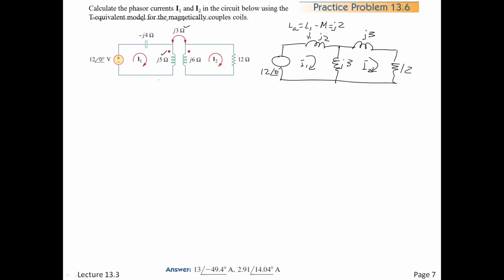All right, so now I'm going to write the mesh equations and keep that easy. And they will be 12 is equal to I1 times minus J4. Ooh, I forgot to put that guy in there up here. Minus J4. All right. So I1 is minus J4, right, plus J2.